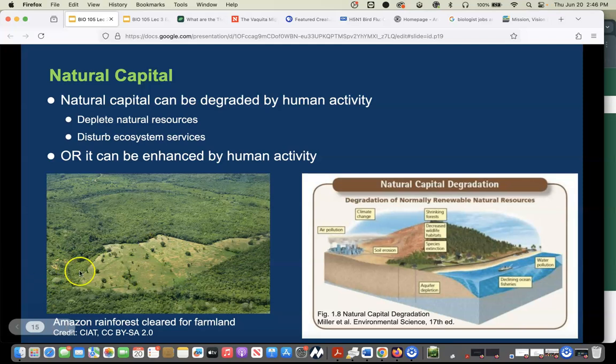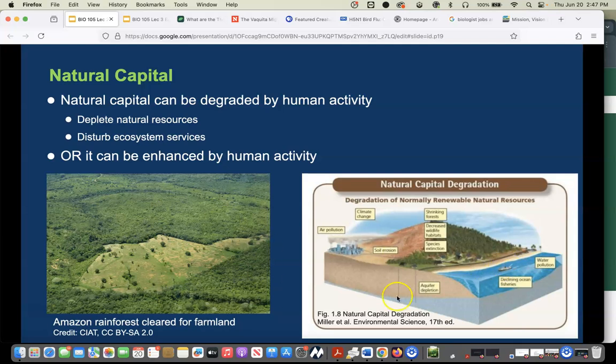You're also impacting other ecosystem services, like the fact that you've removed a lot of plant biomass that was taking in carbon dioxide and cleaning our air. So we're disturbing not only this natural resource, but also the ecosystem services that it provided.